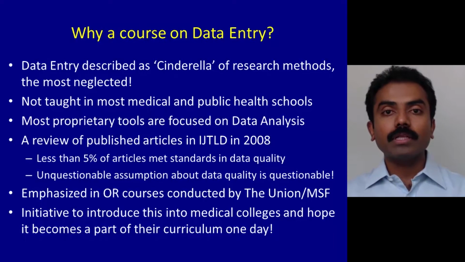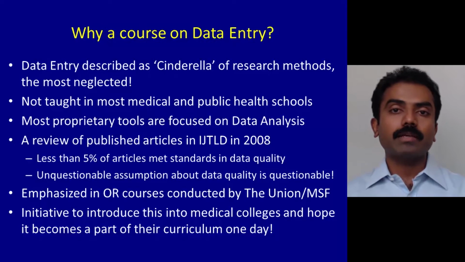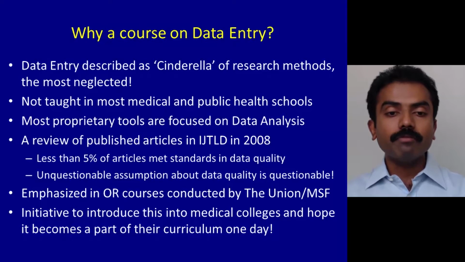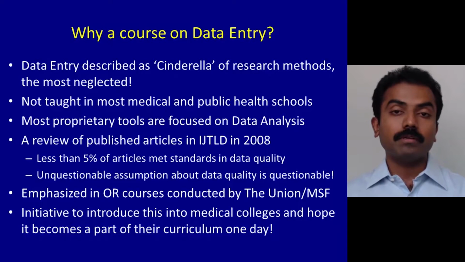Now, in data quality, the highest standard is if you have done double data entry, if you have entered the data twice and cross-checked and validated and resolved all the discrepancies. That is considered a benchmark in assurance of data quality. Only 5% of the articles actually met that standard. And most of the articles didn't even mention anything about data quality.